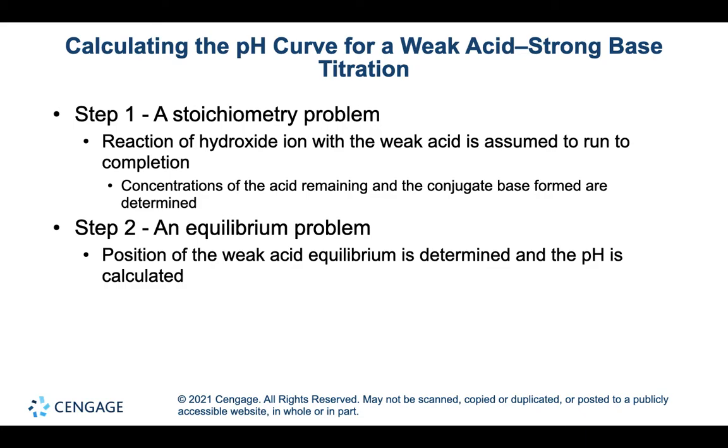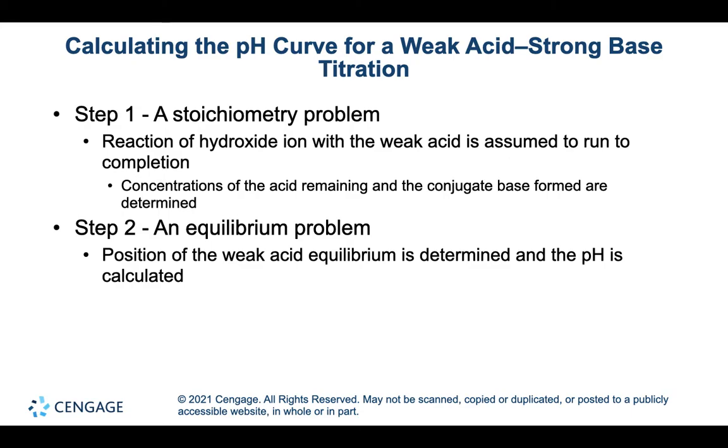So for a strong acid, strong base, everything's stoichiometry because everything happens completely. For a weak acid where you're adding a strong base, you actually have two steps. The addition of the strong base to the weak acid will neutralize the weak acid and generate the conjugate base.